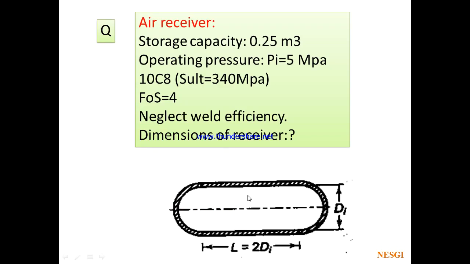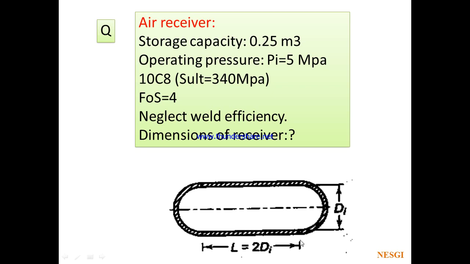First of all, its total storage capacity is 0.25 meter cube. How to find this formula? You can see here, from here to here it is cylinder, and from this point to this point it is half sphere, and here also from here to here it is half sphere, means half sphere plus half sphere it will become a full sphere.